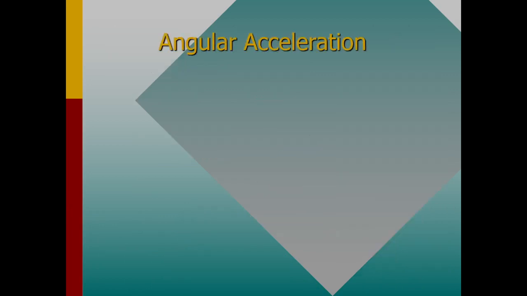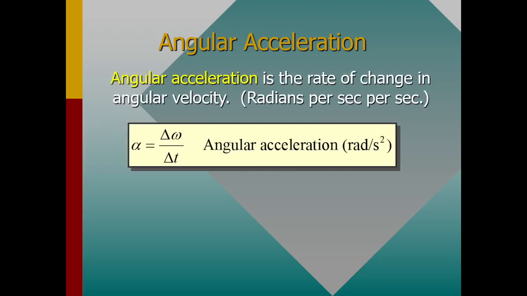Now, look guys, what did we start with? Angular displacement. Next, angular velocity. Now we are at angular acceleration, the same way we have linear displacement, linear velocity, linear acceleration. Angular acceleration is the rate of change in angular velocity, which is radian per second per second.